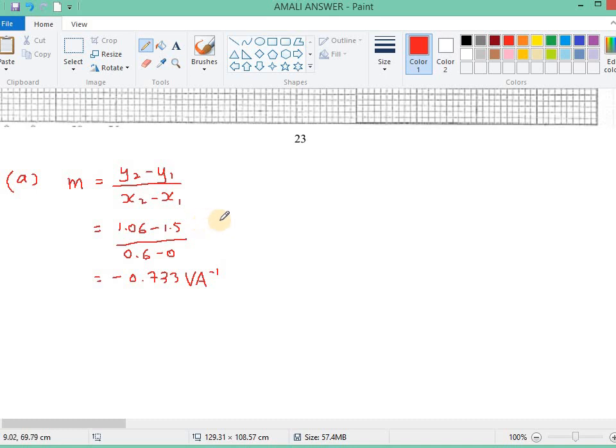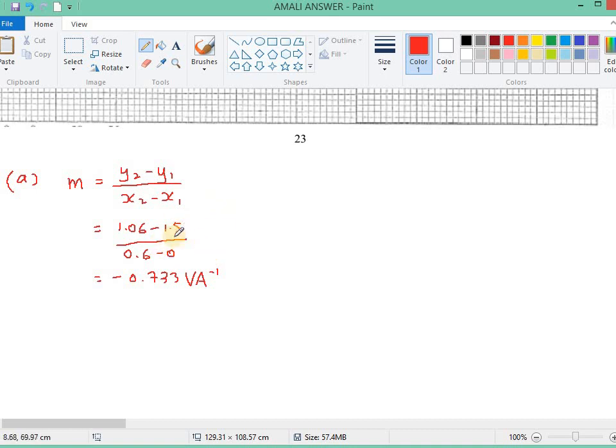Okay, so one thing that is very important is this. When you calculate the gradient, when you substitute the values into y2, y1, x2, x1, you must make sure that you substitute them properly. That means you must write 1.06, this number minus this number, this coordinate minus this coordinate. You must show what the 4 numbers are. Okay, this is very important.